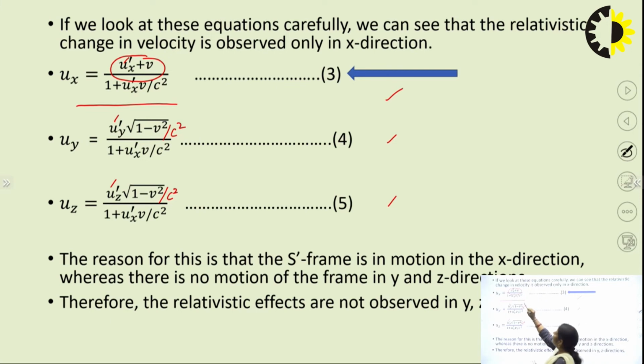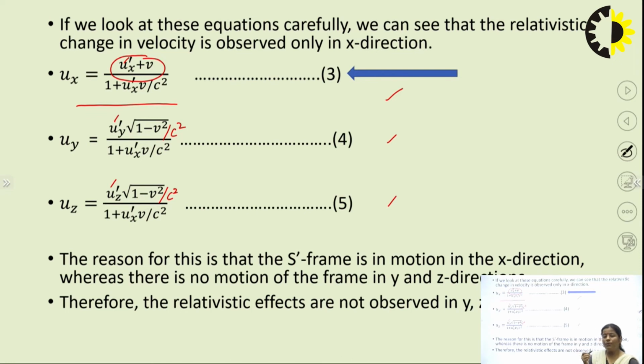So ux dash plus v shows that the motion is along the positive x direction and not along the y and the z direction. If the motion had been in the y or the z direction, the same change would have been observed in y or z, and there would have been no change in the x direction.